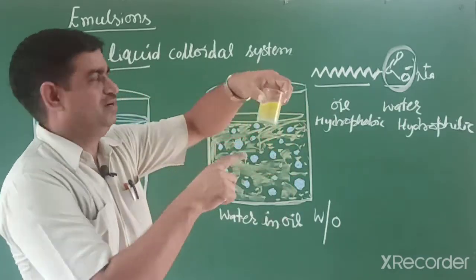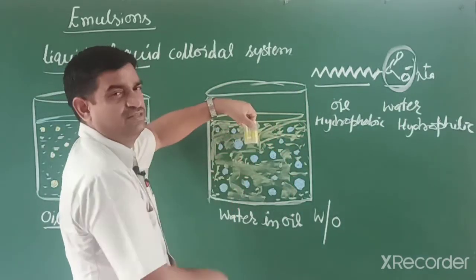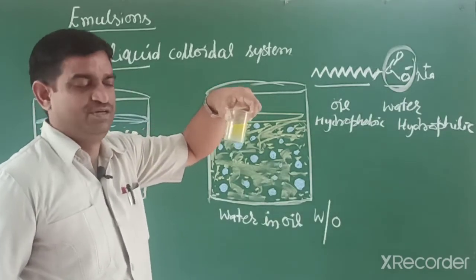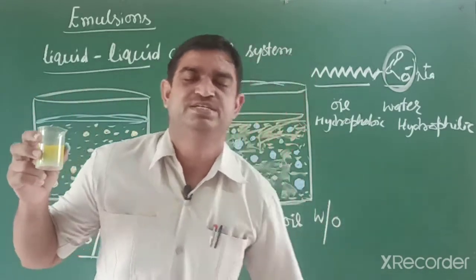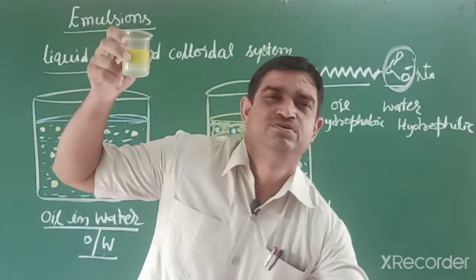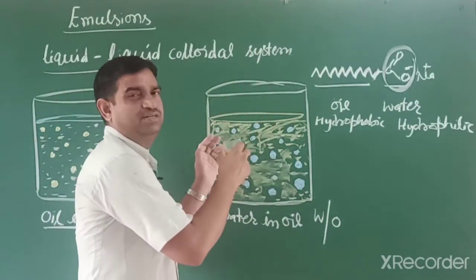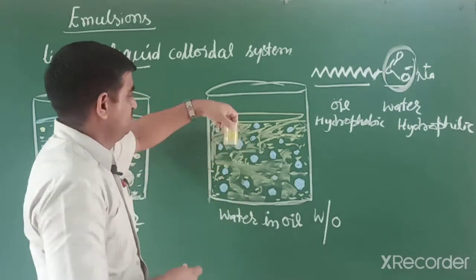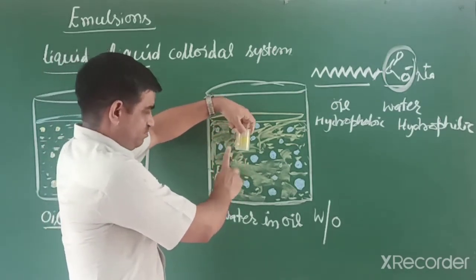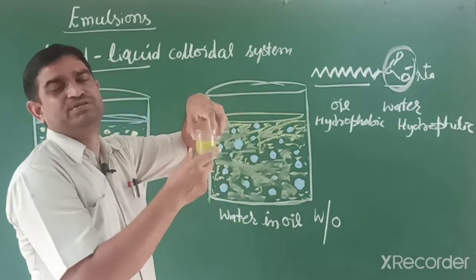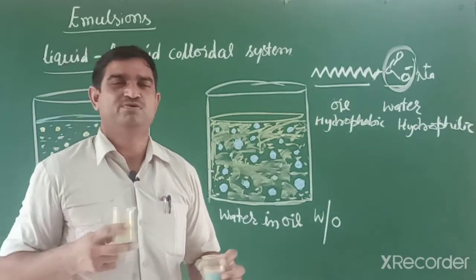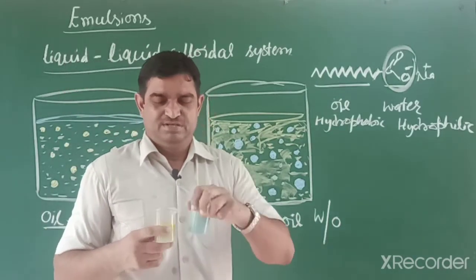In water in oil, the background appears yellowish because oil is in more amount. The examples of water in oil are butter and normal cream. Those are also water in oil. Even in your NCERT book, you can study more about the different examples.